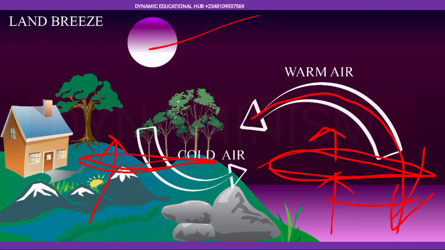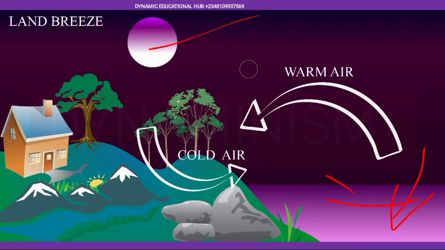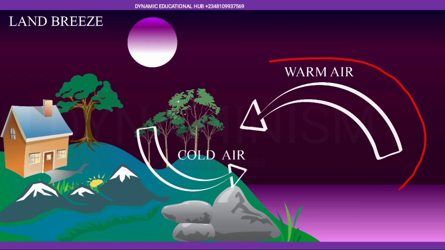So automatically, the density of the air above the sea level will be less compared to the density of these. As a result of that, we have reverse flow of current, which means the air above the sea level will quickly run to the ground, and the one above the ground to the sea. So we have the direction the other way around. What I just explained is known as what? Land breeze.